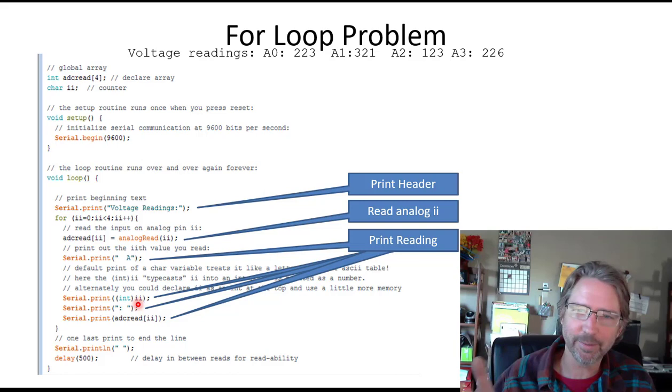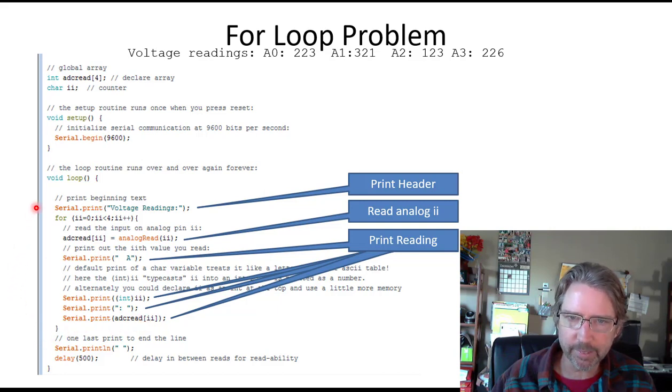So if you print 2, it actually will show up on your terminal as whatever the lookup table for 2 is. So we're casting it to an int here, so it prints it out. There are other ways to force serial print to print a number, but this works. So it's just printing the number instead of a weird character. If we changed this to int, we could get away with that too. So we print A0, then a colon and a space, and then we print the value that we read, the number.